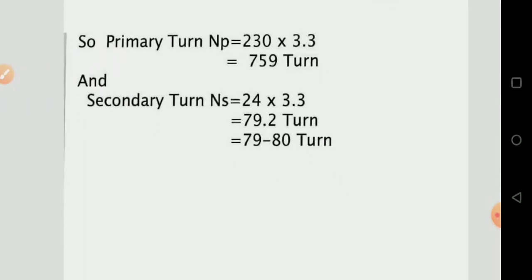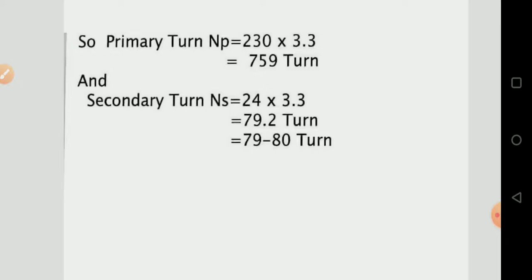Now, the primary turn is 230 into 3.3, because the primary turn formula is the primary voltage into the turn per volt. Here the primary voltage is 230 and the turn per volt is 3.3.